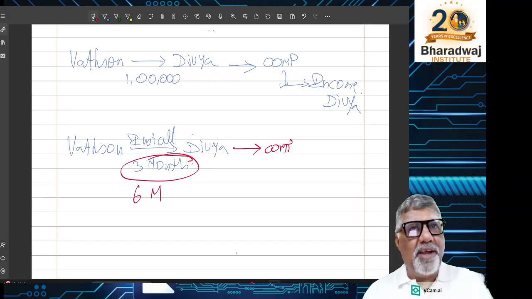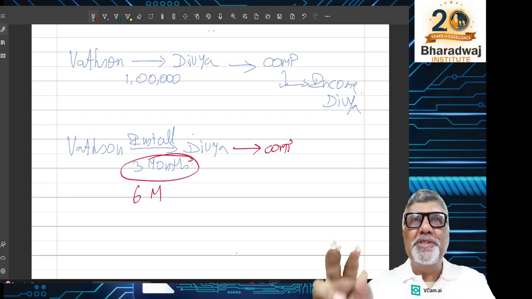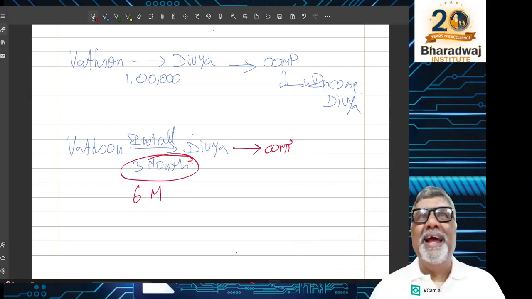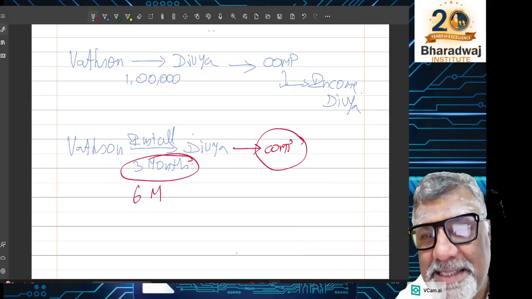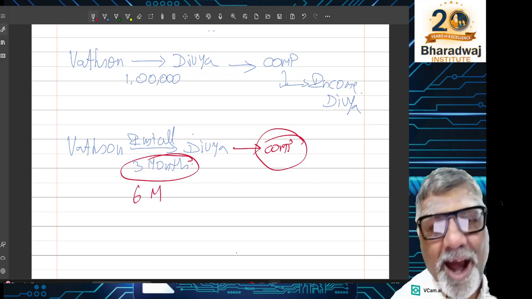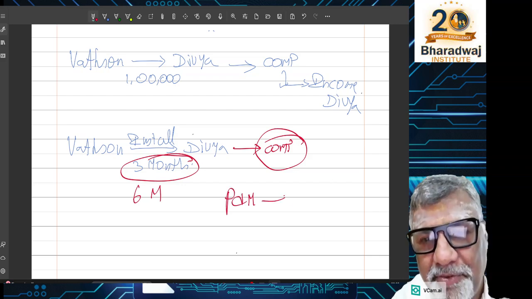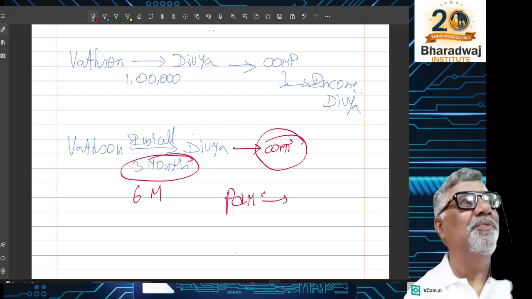Is it income for Divya? Yes? Right? The court said no. Whatever compensation you have paid, ask Divya to reduce it from the plant and machinery value.